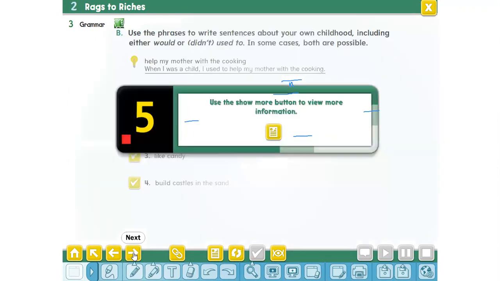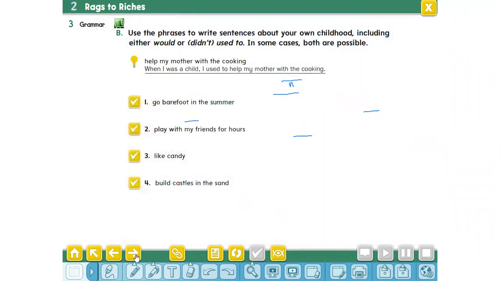Now, we will answer exercise number B. Exercise number B. Use the phrases to write sentences about your own childhood, including either would or didn't use to. In some cases, both are possible.